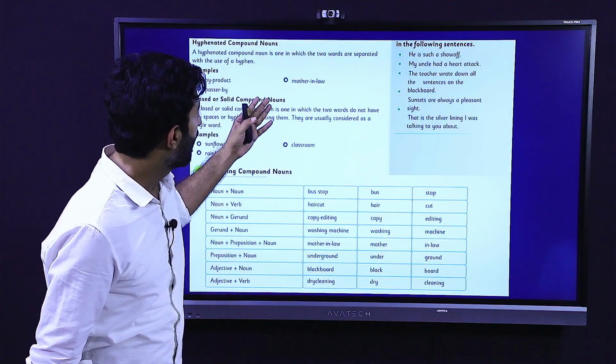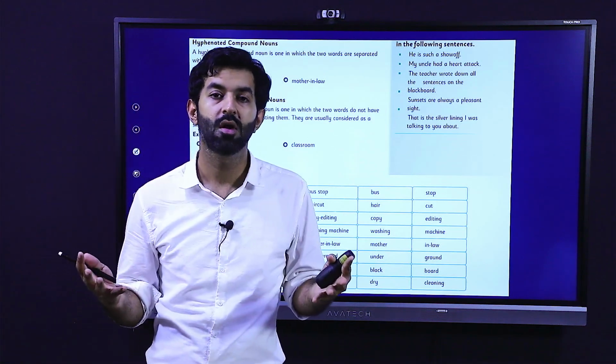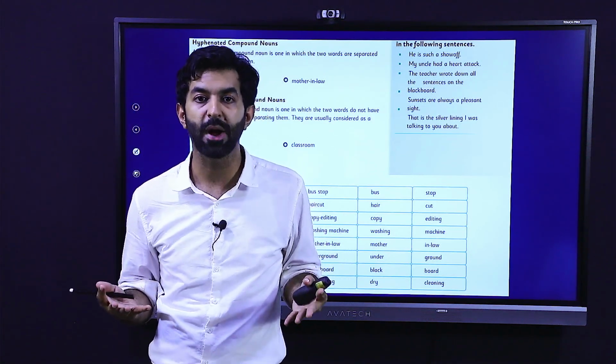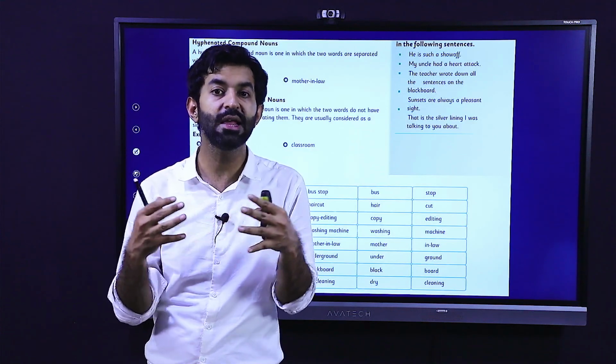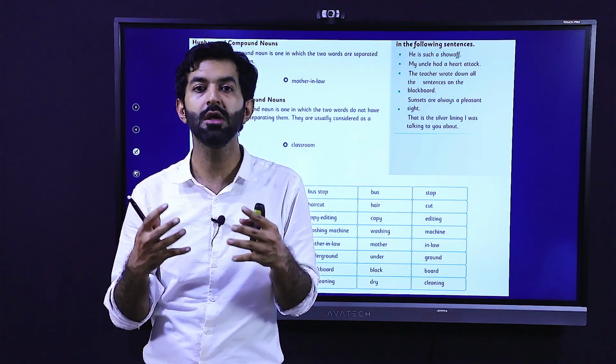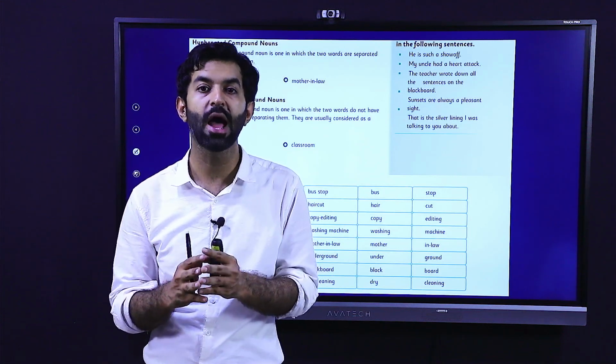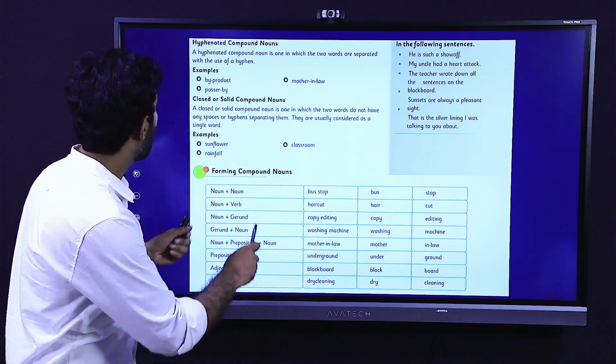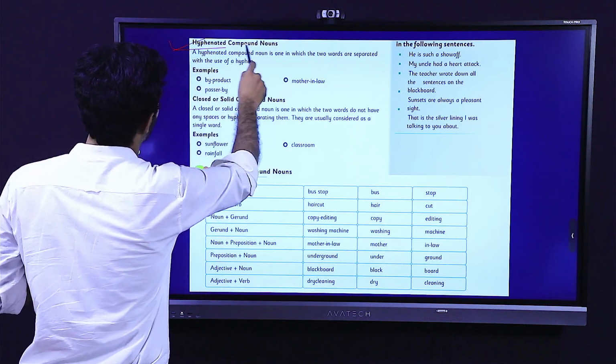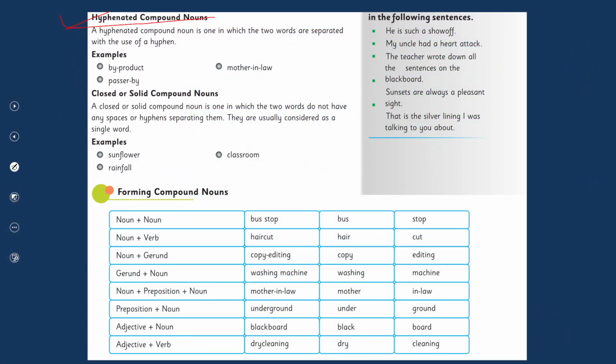Now, unlike open or spaced compound nouns, we can link our compound nouns using a punctuation mark called a hyphen. They are called hyphenated compound nouns. For example, this is one in which the words are separated with the use of a hyphen, a dash.